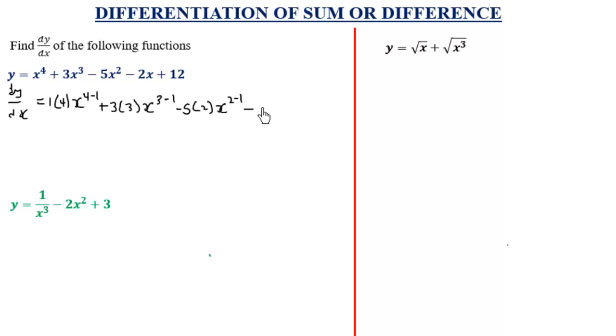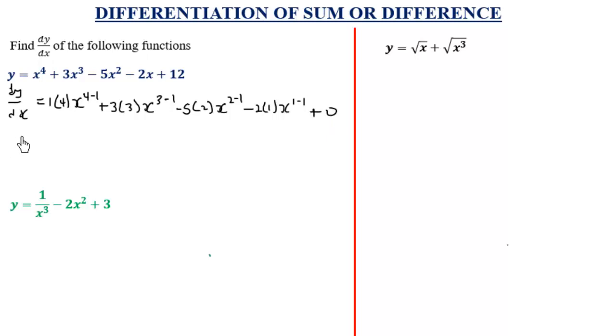So we have 2 multiplying the invisible 1, and bring your x. Because there's a 1 here, the exponent is still going to reduce by 1, so that is going to be 1 minus 1. Now the derivative of a constant is always 0, so you can bring your 0 alongside.